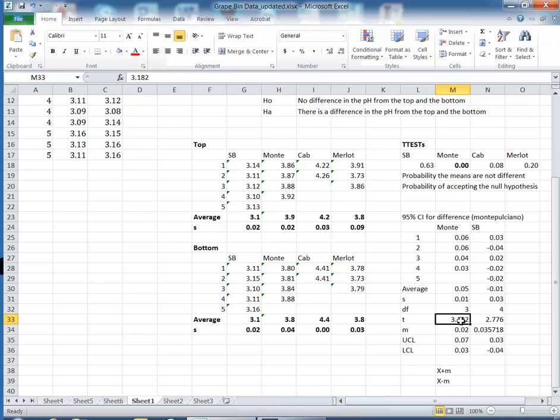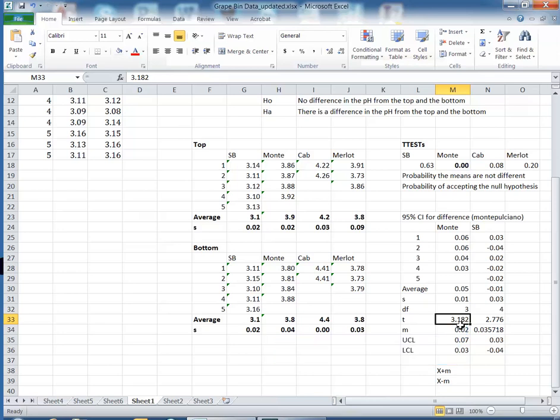So in the case of Montepulciano, it's 4 minus 1, which is 3. We go to the table, find 3 on the T table, then move across till we find the column with our desired confidence level, which in this case we'll say is 95%, and that would give us a T value of 3.182.